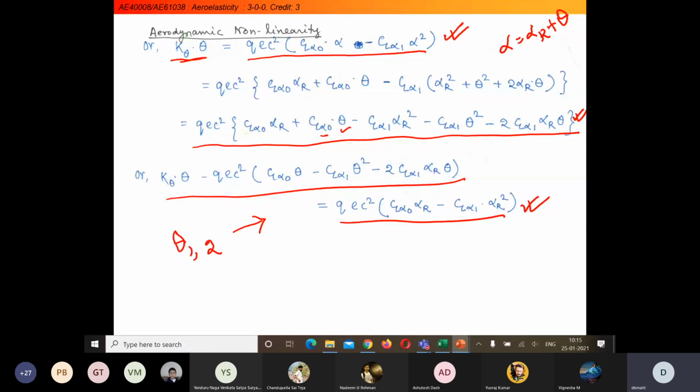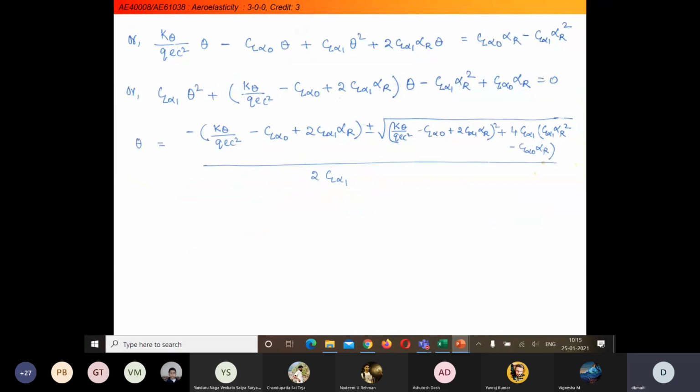So let me come to how we can solve this equation. I am rearranging this equation by dividing the whole equation by q e c square. So I am getting k theta divided by q e c square into theta minus Cl alpha naught into theta plus Cl alpha 1 theta square plus 2 Cl alpha 1 alpha r into theta, and this is the constant term on the right hand side, Cl alpha naught into alpha r minus Cl alpha 1 into alpha r whole square.